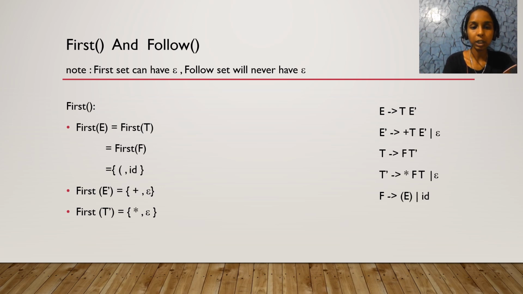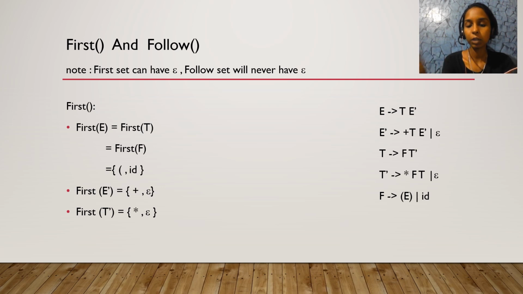First of E is first of T, which is equal to first of F. See here in the right hand side of the production, E tends to T E dash. As we have seen in the rules, first of E will be equal to first of T. Since T is a non-terminal, we have to consider the T production, that is the third production.